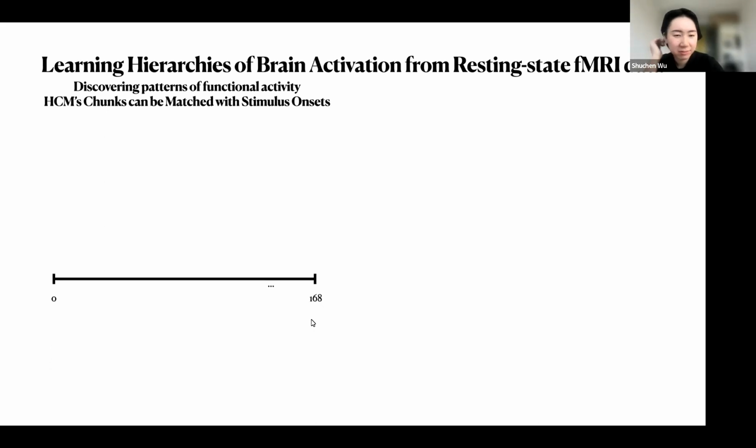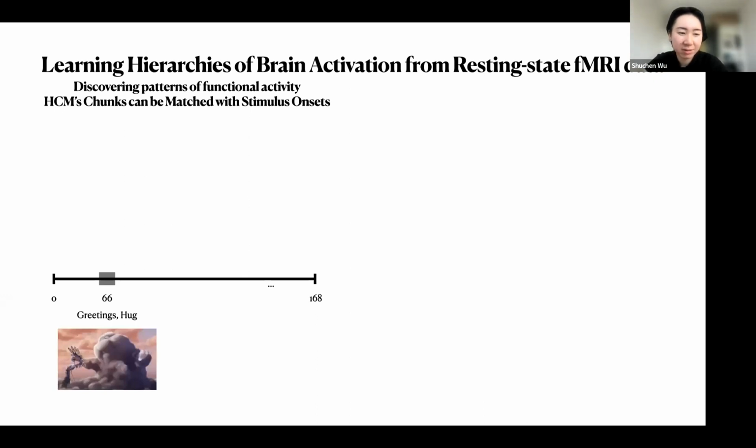This is in the unit of repetition time, where each unit is 2 seconds. And at time 66, there is this thing happening where the cloud is greeting the crane. If you have watched this movie, it's actually quite fun.